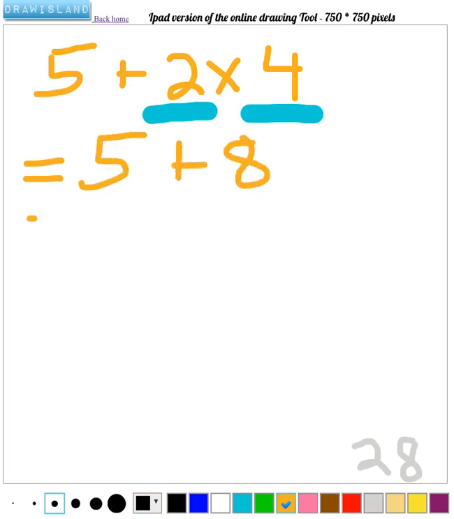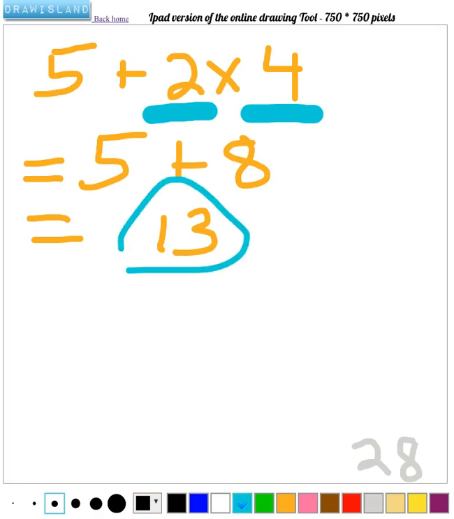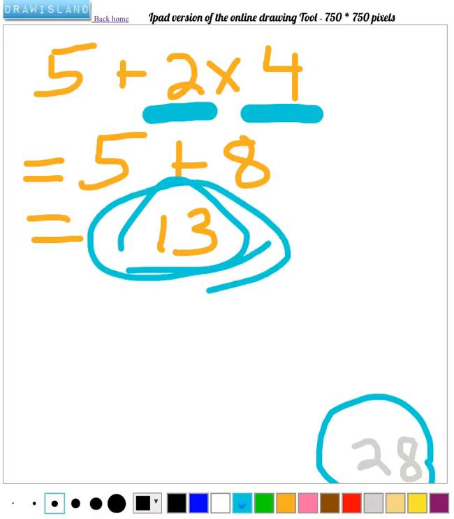And that would become 5 plus 8 is 13. 13 is a very different number than 28. So which answer is right? Well, 13 is actually the right answer.